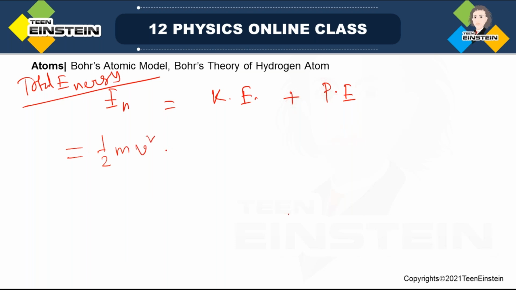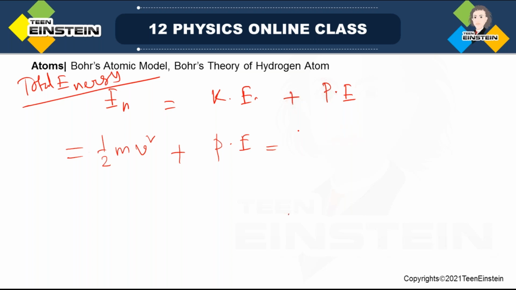If we go back to the formula we got in terms of r, you will be able to find this kinetic energy, half m v square. Let me complete it with the potential energy also, plus potential energy. I can write this kinetic energy as half m v square.